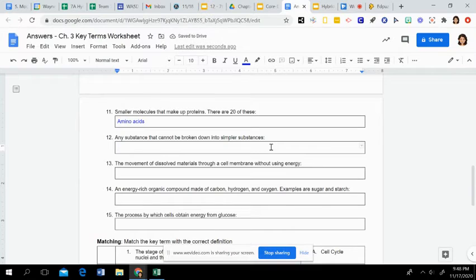Question 12, any substance that cannot be broken down into simpler substances. This is one of your warm-ups, and this is called an element. Then 13, the movement of dissolved materials through a cell membrane without using energy is considered passive transport.